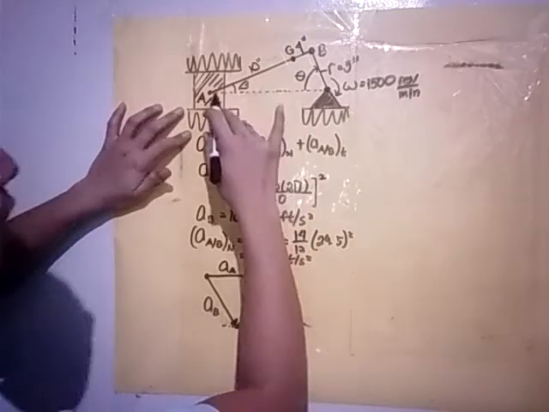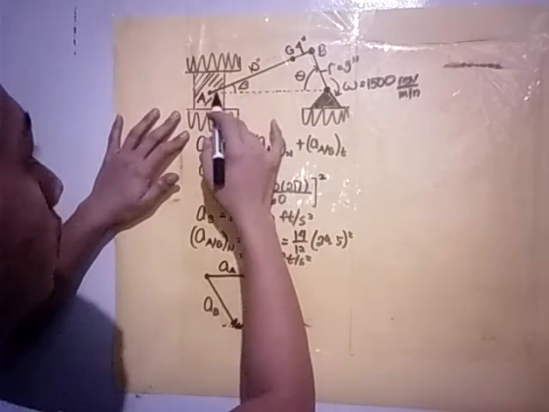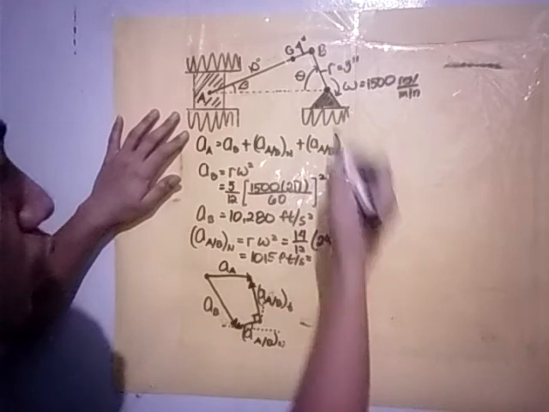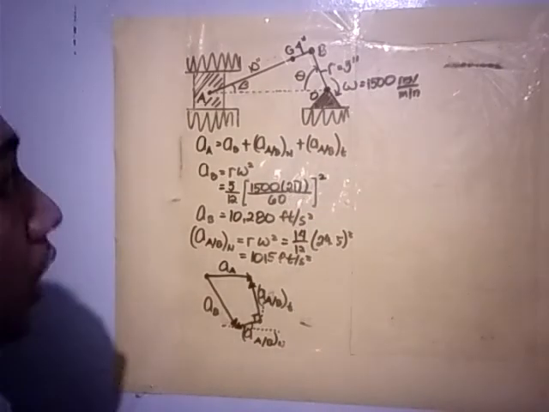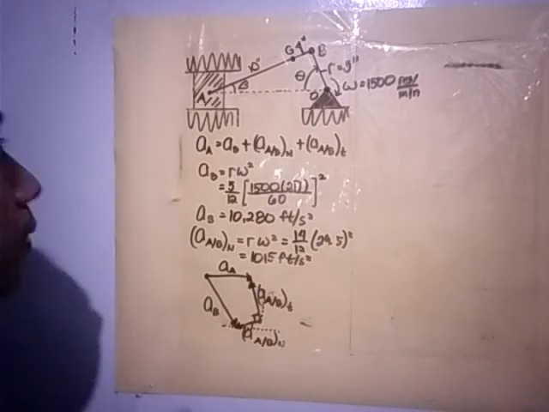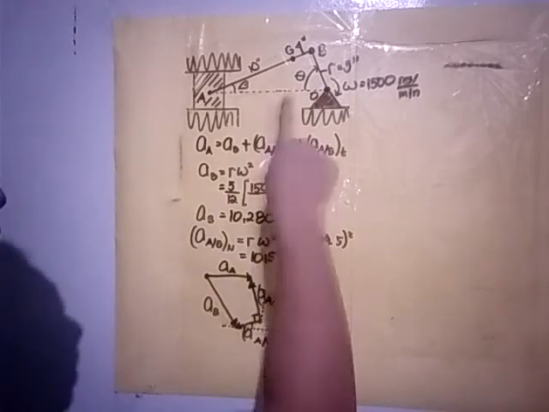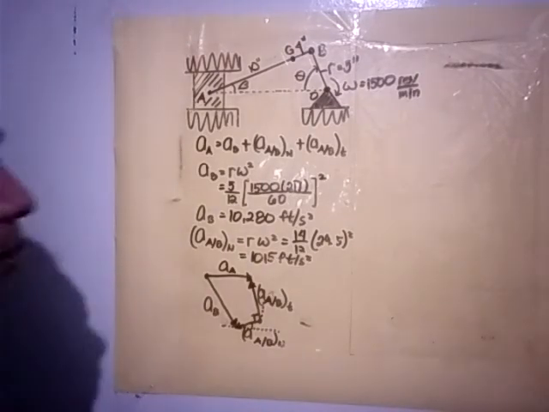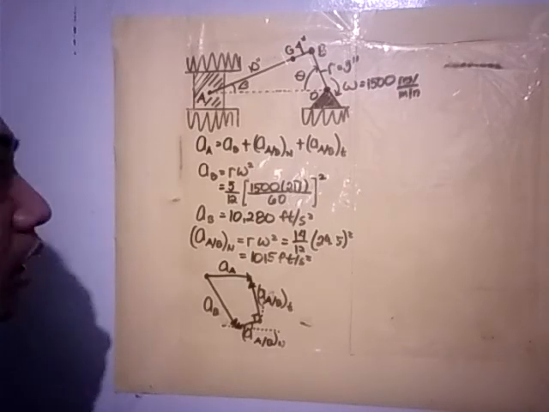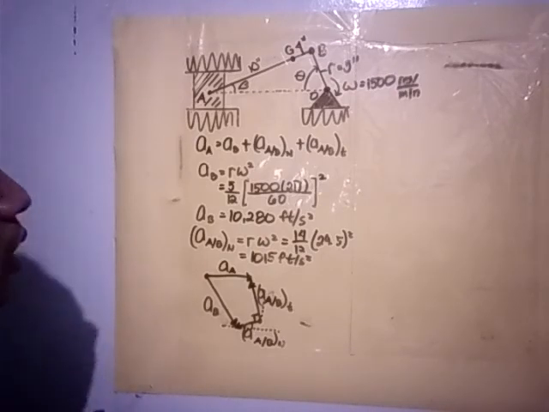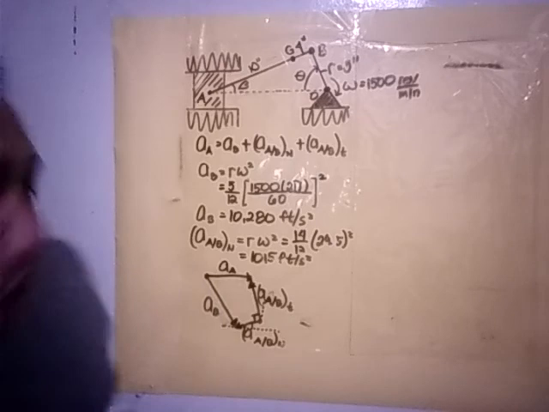From this triangle, from triangle ABO, so this is O. From our triangle ABO, it is not a right triangle again, so the sine law and cosine law will be used here.